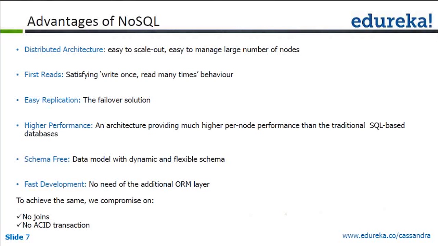If you look at my screen, there is another interesting feature called replication, okay? Say, for example, you have a single node handling all the load. Suddenly, if the instance crashes, how do you face such a scenario?